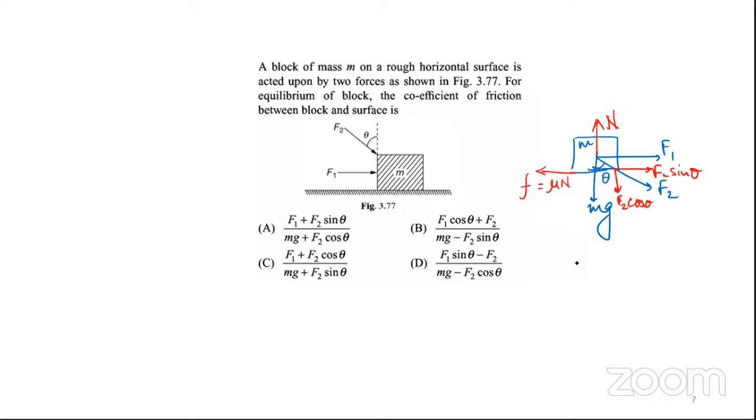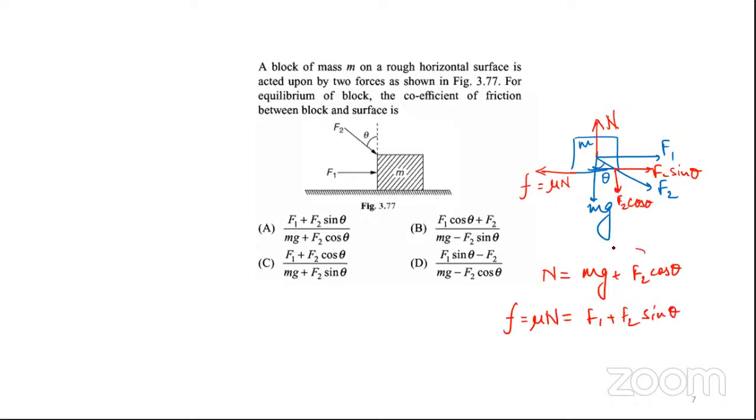So what equations do we have? We have N equals mg plus F2 cos theta, and we have friction, which is equal to mu N, equal to F1 plus F2 sin theta.